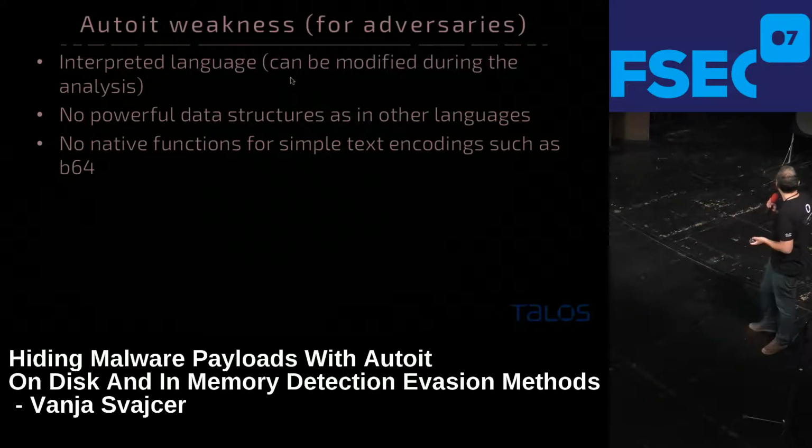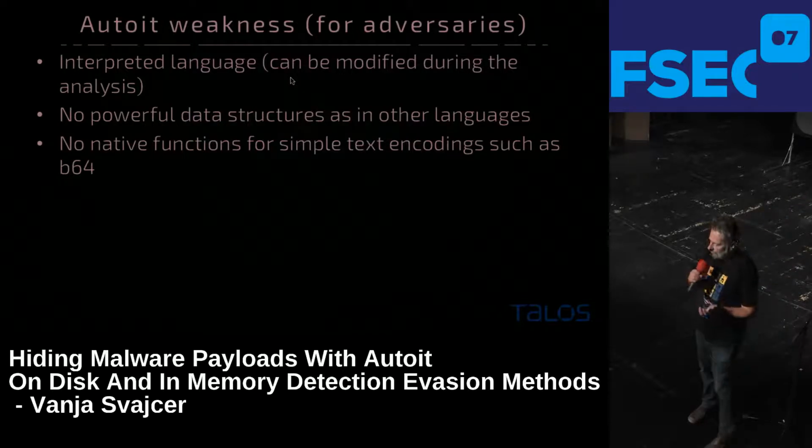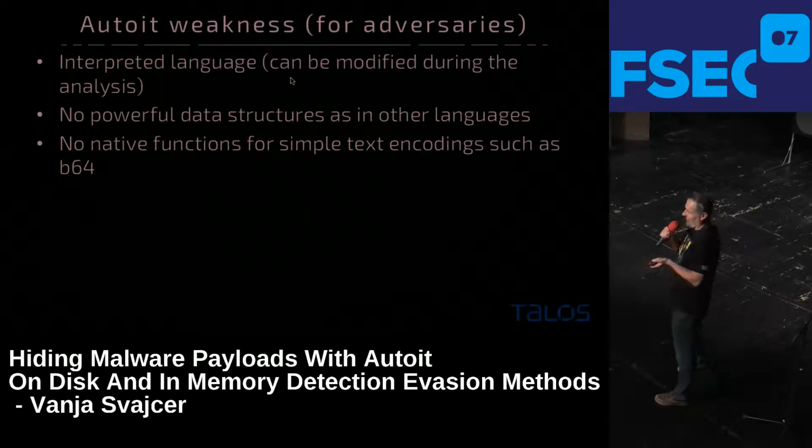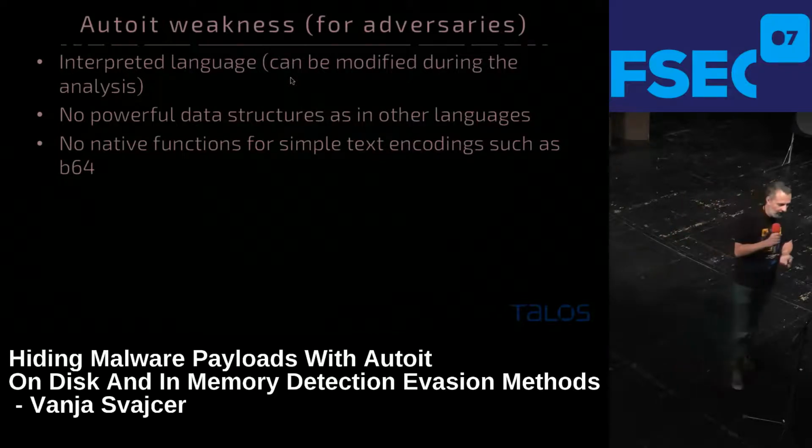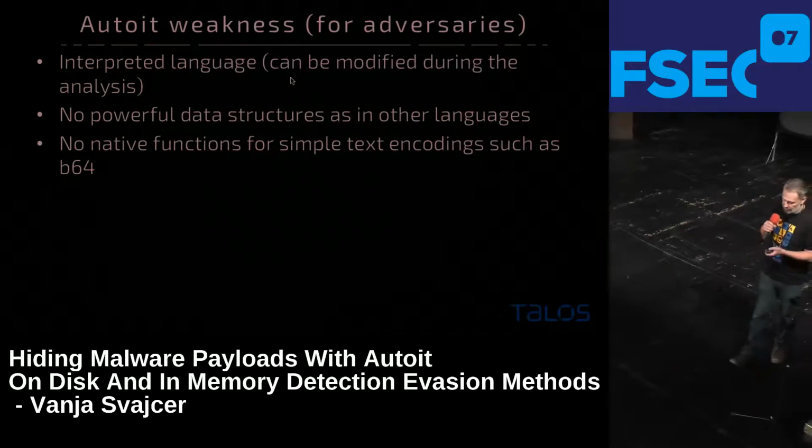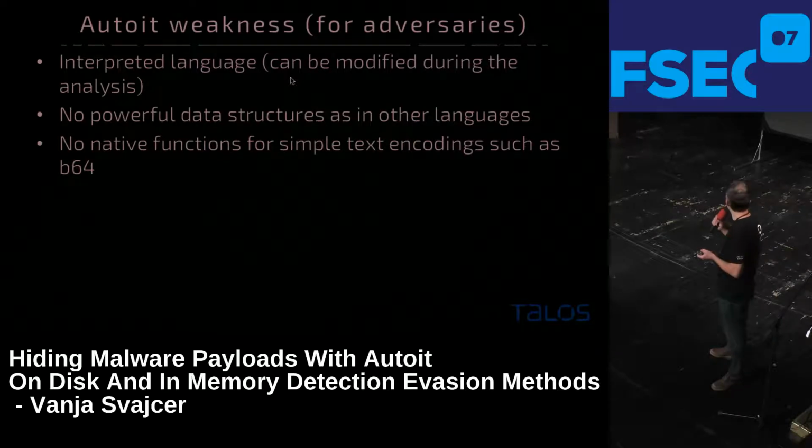There's no powerful data structure, so there's no list, and there are no associative arrays or hashes like in other scripting languages. In that sense it's very basic, and we'll see that proves to be a bit of a problem with analyzing in the end. And then there are no native functions for standard ASCII encodings that are used in the wild, like base64.